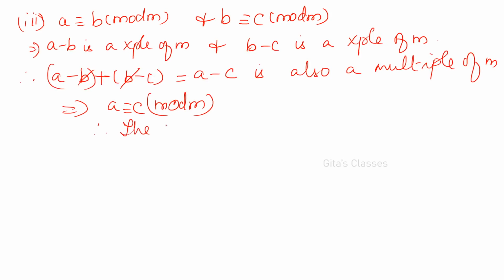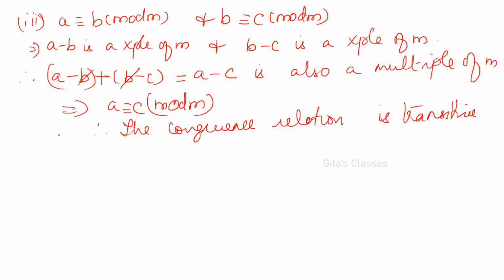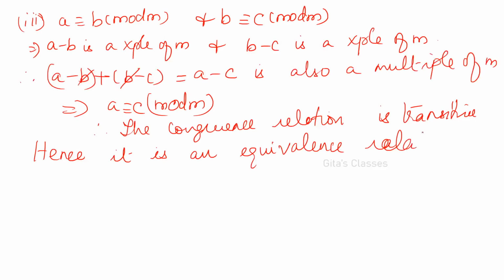Therefore, the congruence relation is transitive. Okay, and hence we have proved all the three properties. Therefore, you can conclude that it is an equivalence relation.